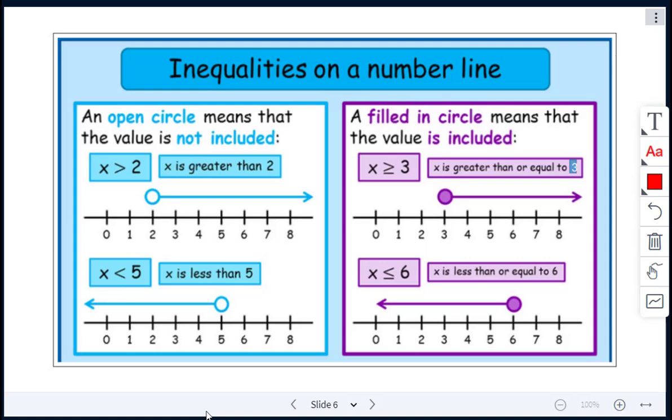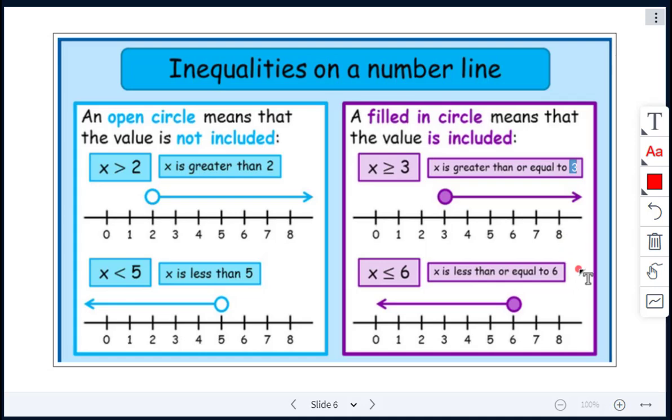All right, let's look at the next two examples. So here we have a filled in circle, meaning that the value is included. So the first example, x is greater than or equal to 3. So at 3, you're going to put a filled in circle, color it in, and it's greater than or equal to 3, so we're going to point our arrow to the right.